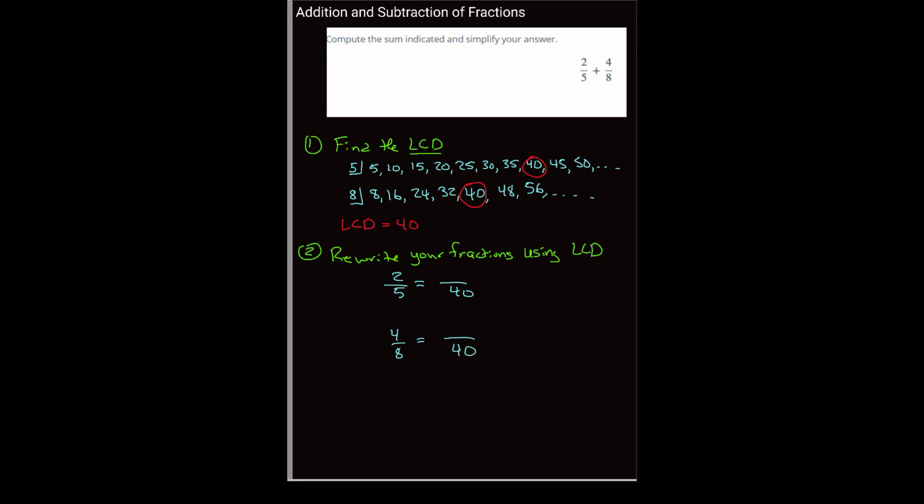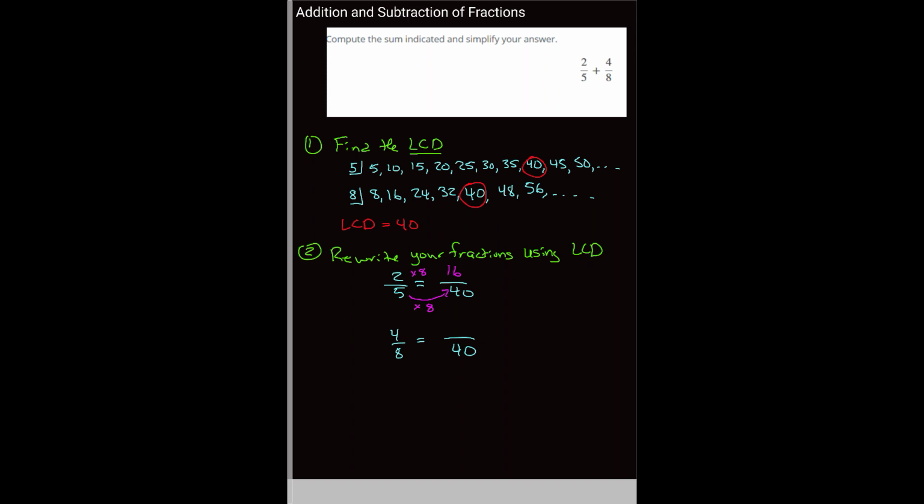Now, to figure out what the unknown quantity is, we tie this back to some previous problems. If we look at the denominator of the first fraction, 5 times what gets us 40? Well, times 8. And then 2 times 8 gets us 16.